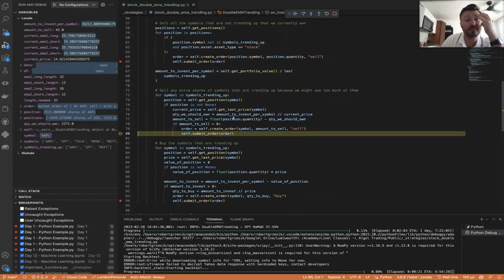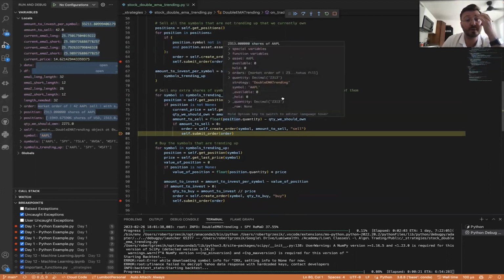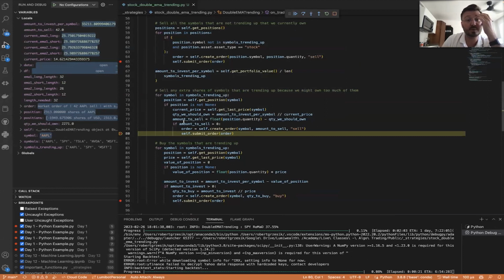So we need to sell some Apple, right? Because it went up in price. Okay, so we're going to sell 42 shares of Apple, right? Because we should own 2,200 shares, and we currently own 2,313. So we need to sell a couple.